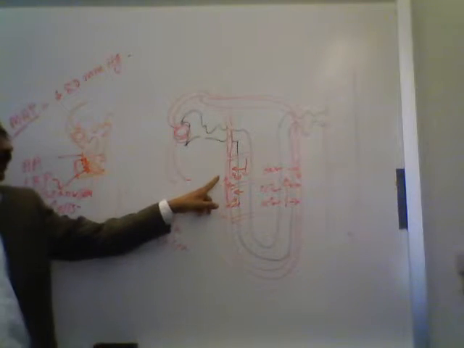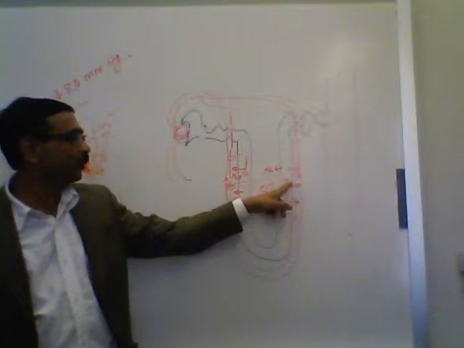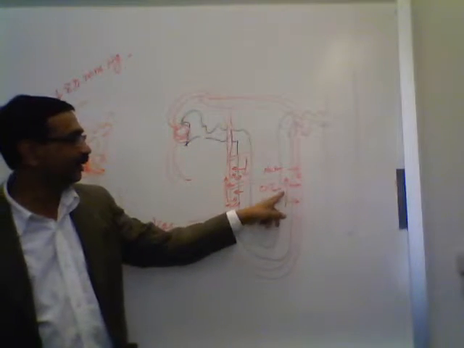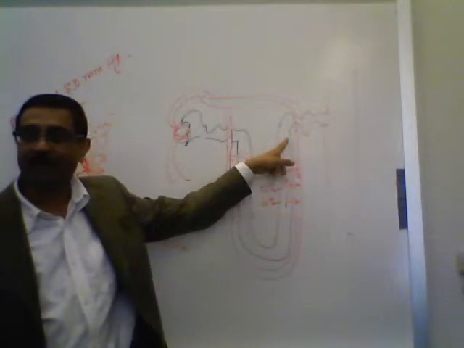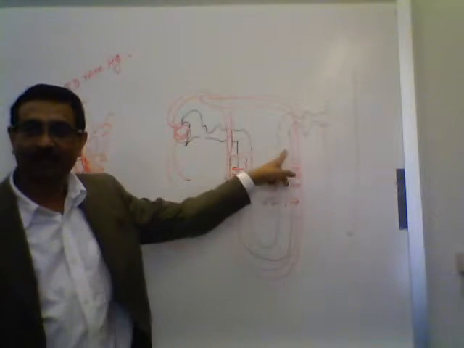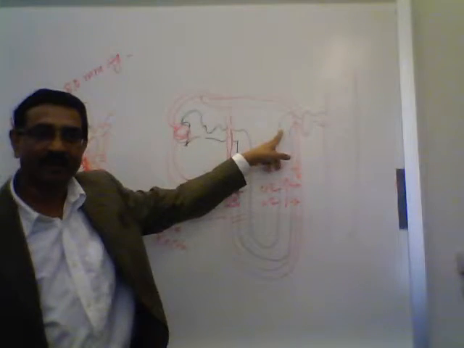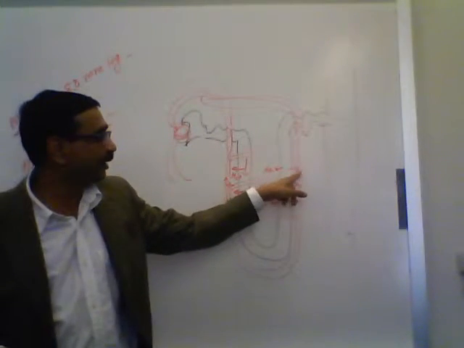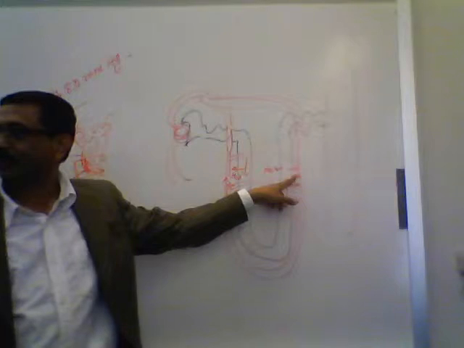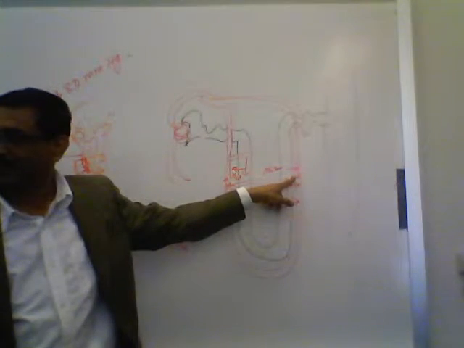Makes sense? What happens here? When the sodium, potassium, chlorine get out, the concentration in the tubule goes down, right? Because they are leaving, water is remaining. We have talked about that. But they are quickly entering the blood, so blood concentration is going up. Is it clear?